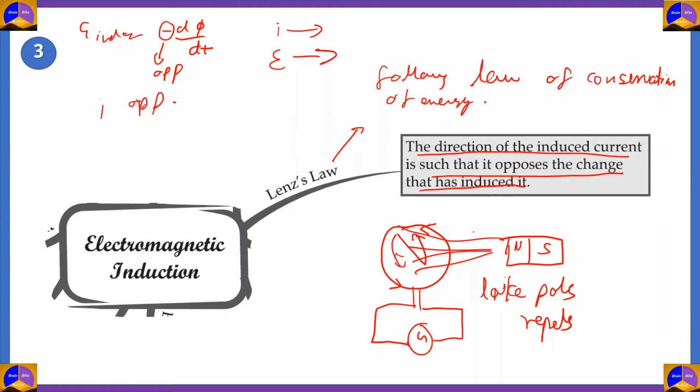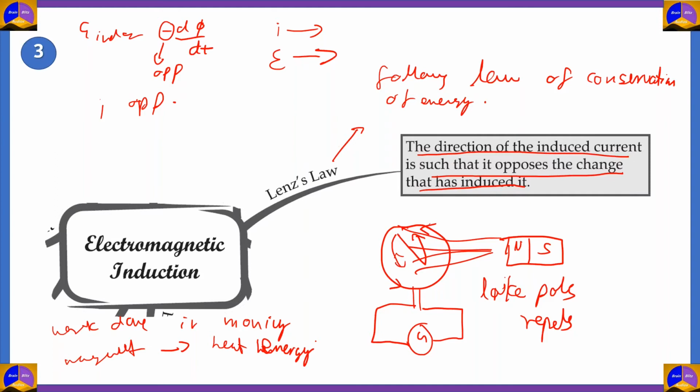So the magnetic energy of the magnet is converted into electrical energy, which flows through the circuit. And also the work done in moving the magnet gets converted into heat energy dissipated. So when we do this experiment, there is some heat which is dissipated from the current coil.